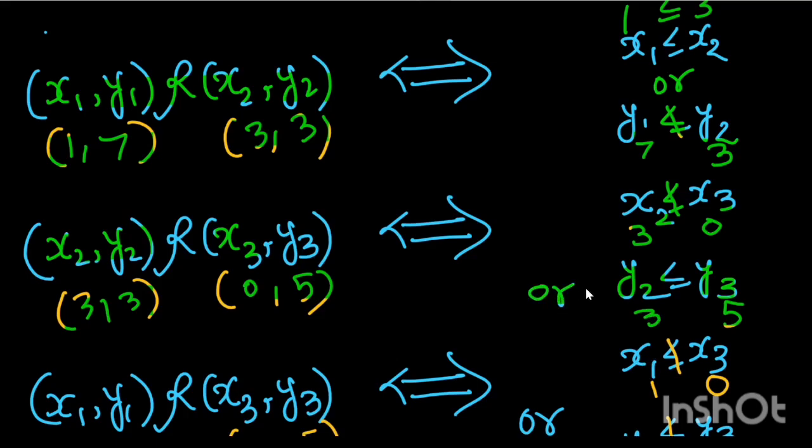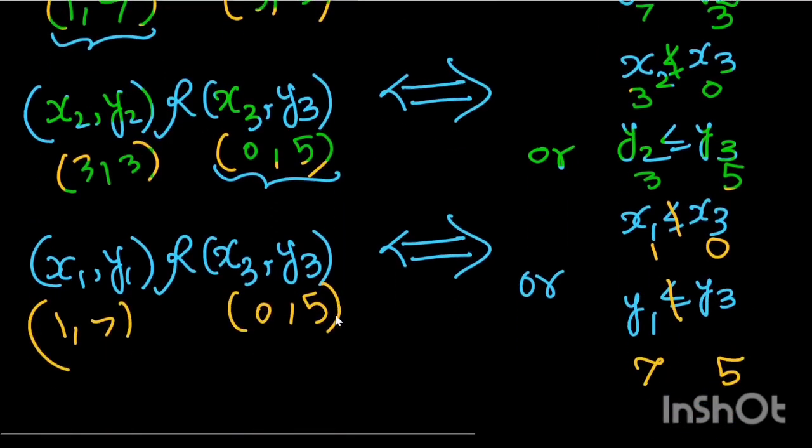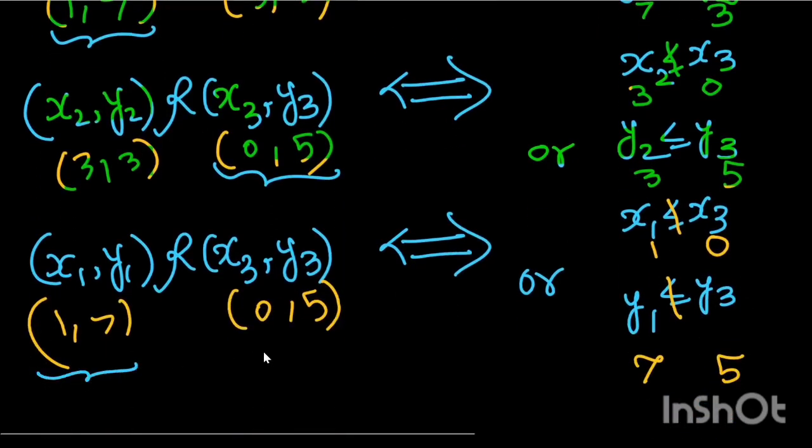Now, in order for this to be transitive, we will check x1 y1 and x3 y3, where I have substituted 1 7 and 0 5. So 1 less than equal to 0 is not correct.